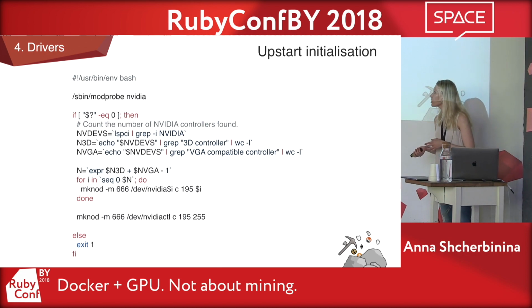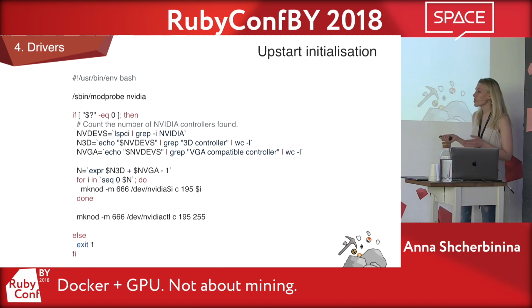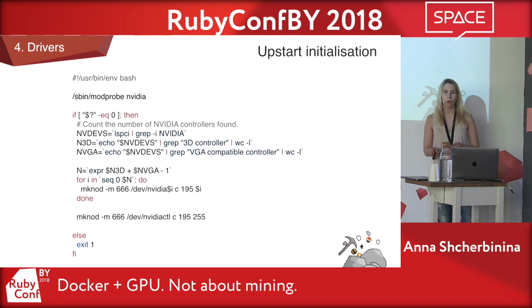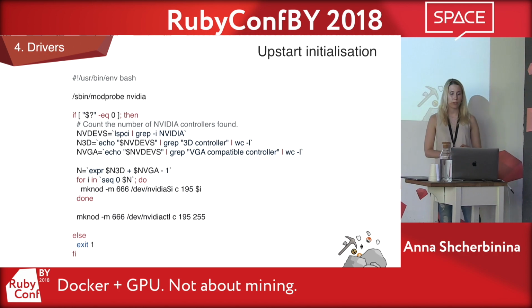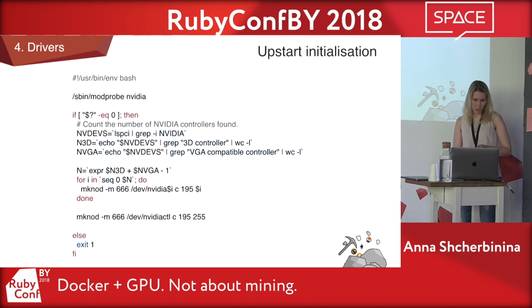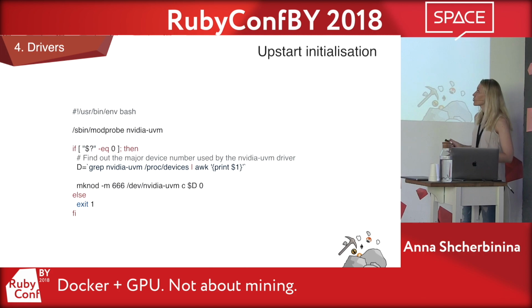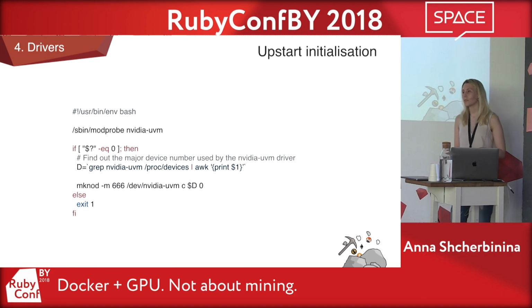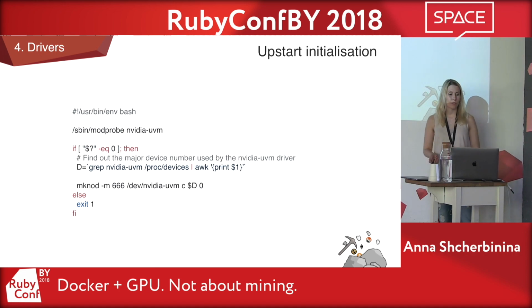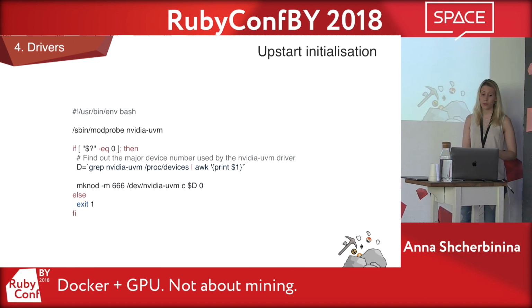But if it failed, it's just the script exits with non-zero exit code. The same is relevant for the NVIDIA UVM. I'm trying to add the NVIDIA UVM module to the Linux kernel, and if succeed, I create a device node for it. But if it fails, it just gets out of the script with non-zero exit code.